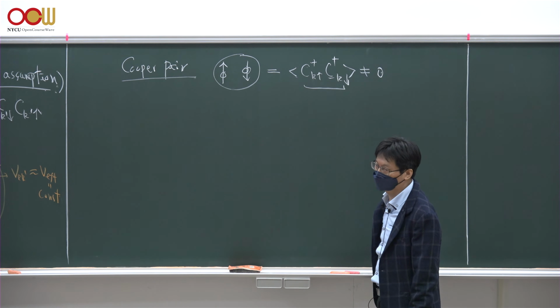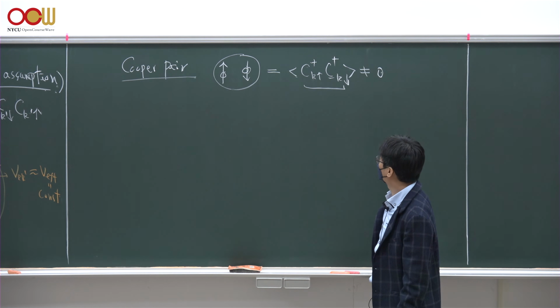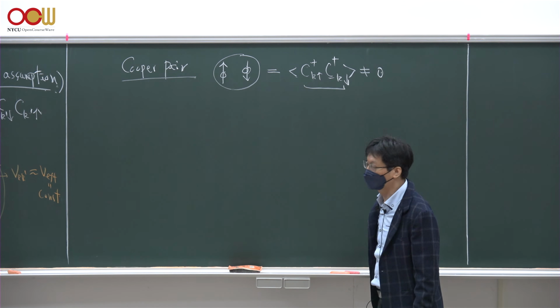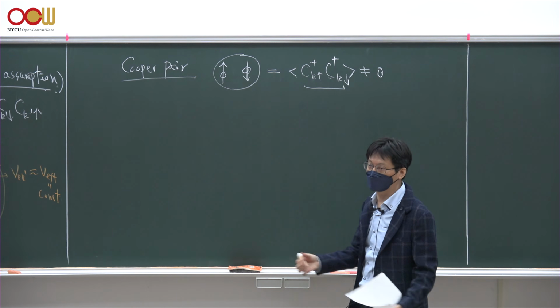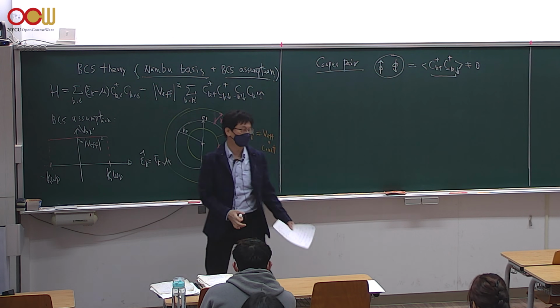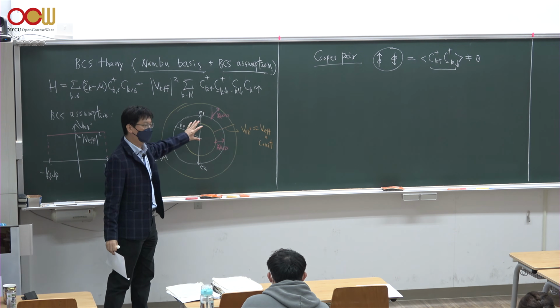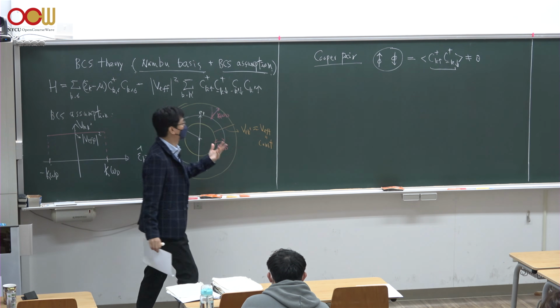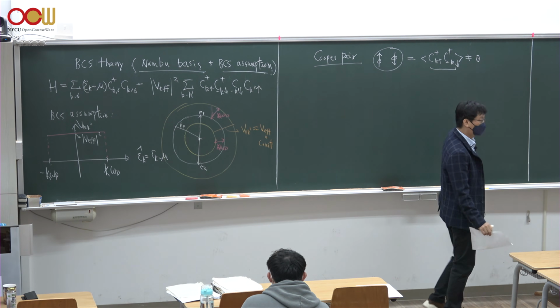So you cannot simultaneously create or destroy two electrons with opposite spin across the Fermi surface, because there is no attraction between these two electrons. If there is no electron-phonon coupling, as in ordinary metals, this expectation value must vanish.